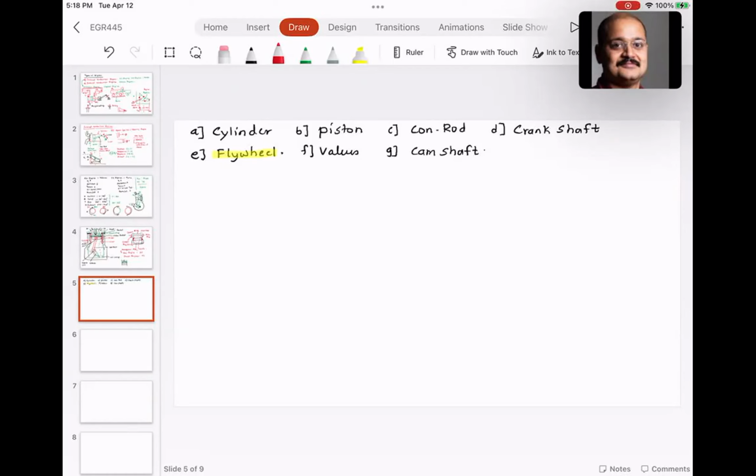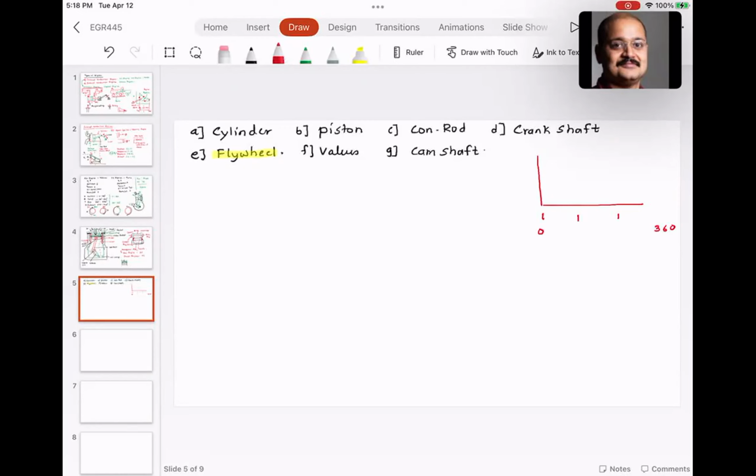So if you look at the torque versus crank rotation, this is 0 degrees, 180 degrees, 270 degrees, 360 degrees, and so on. Actually, let me just make it simple like this.